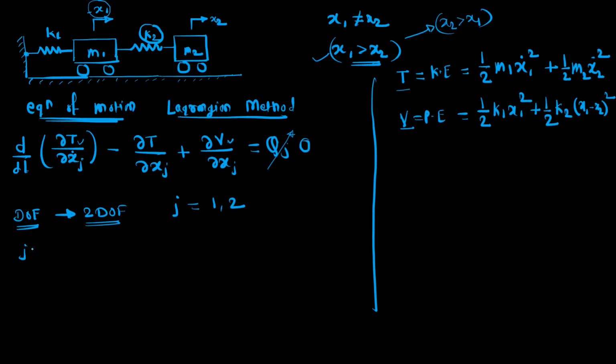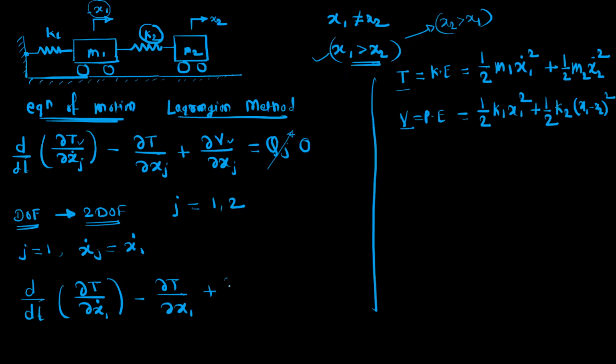So when j is 1, the x dot j value will be x dot 1. Just replace j by 1. We will write this equation as d by dt of del T upon del x1 dot, minus del T upon del x1, plus del V upon del x1, and this is equal to 0.